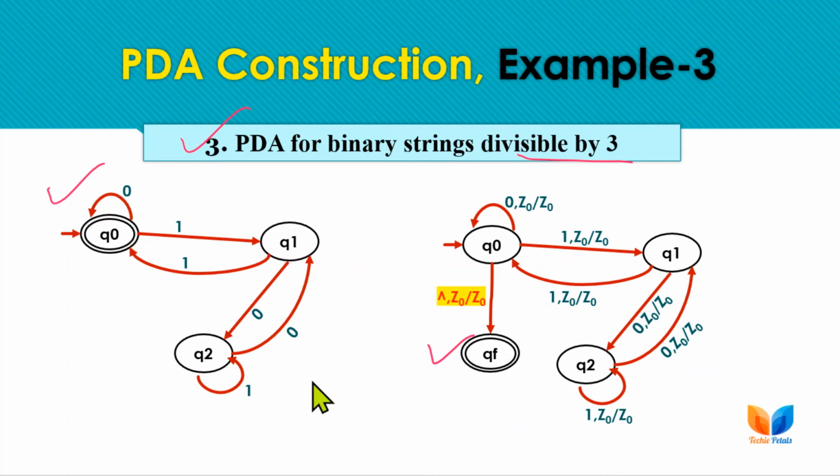So here we are adding a new state, QF, for the final acceptance, and we are keeping the same Z0 and replacing it with Z0 only. The rest of the transitions are the same as the DFA, and we have this PDA corresponding to the same regular language, regular expression.